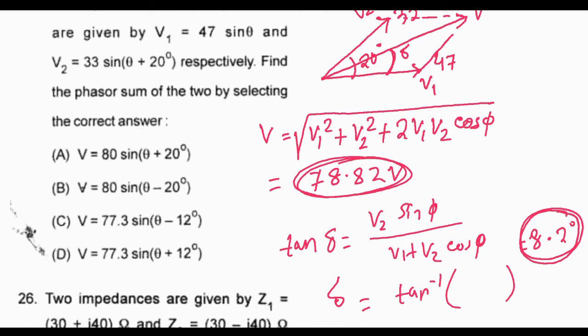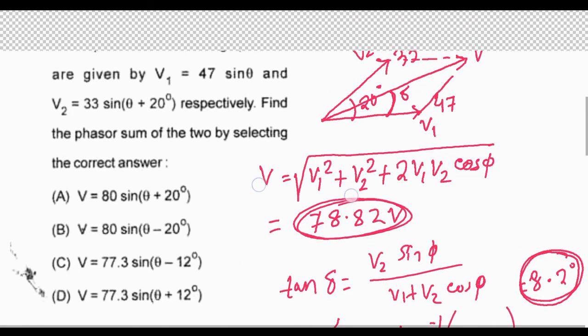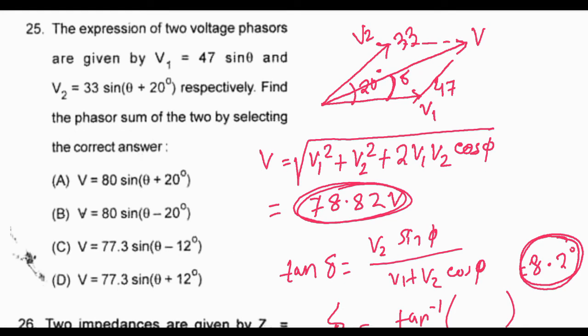So I can write that suppose V1 is at 0 angle, and V2 is at angle 20. So V will always be in between them.